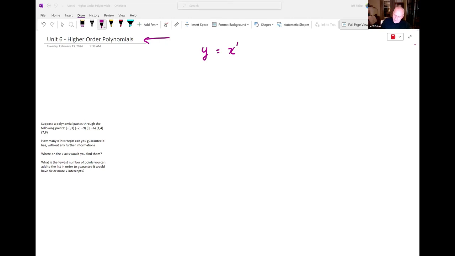So we have a relationship between one variable, which we usually call y, and x, where x is only to the first power. You will probably remember from Unit 3 and 4 that we call that linear. In Unit 3, we learned how to graph them.